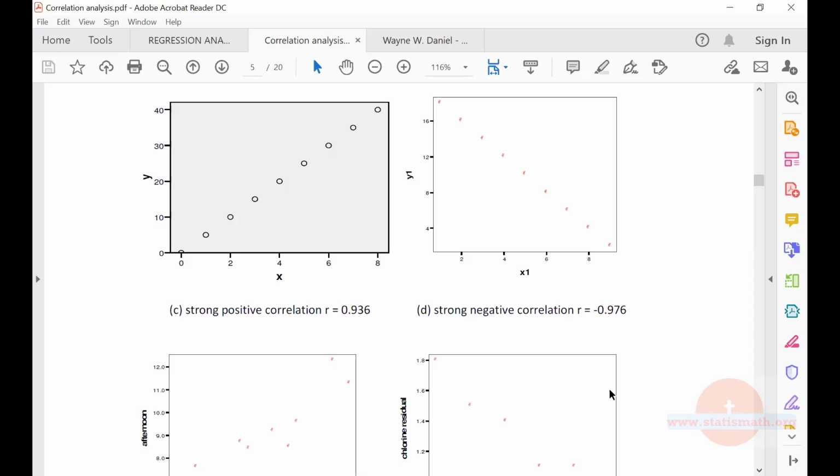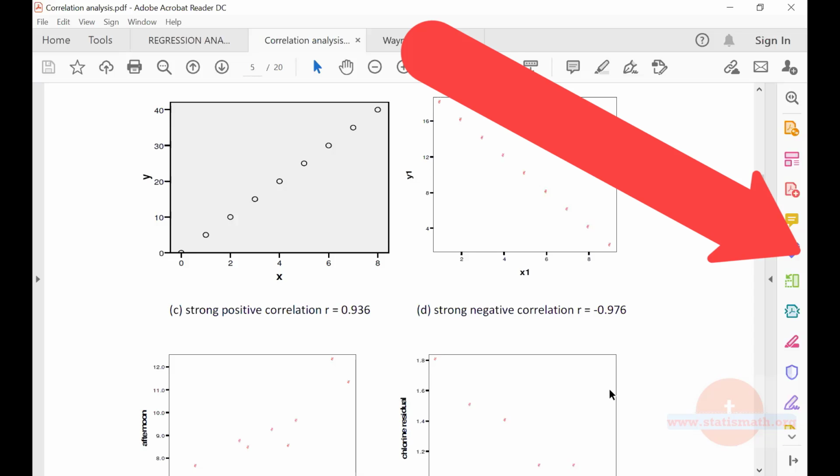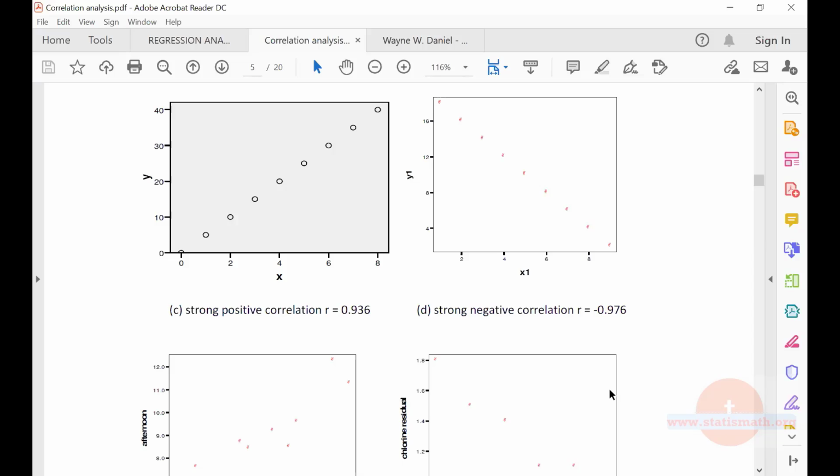This is a strong positive correlation, and this is an example of a strong negative correlation. When you encircle the points with an ellipse, if it goes this way, we call that a positive correlation, and if it comes down like this, it is called a negative correlation.